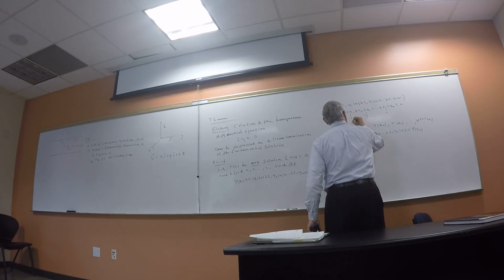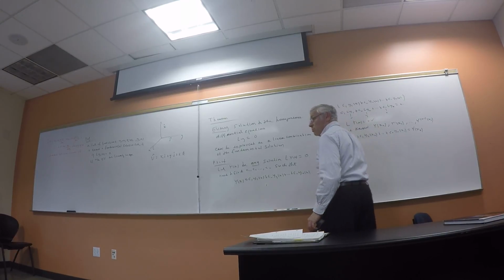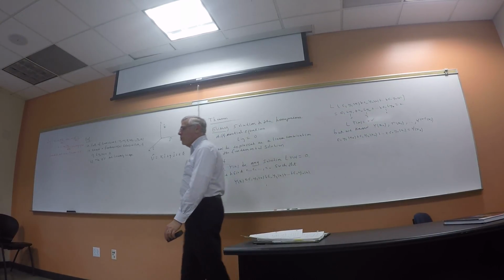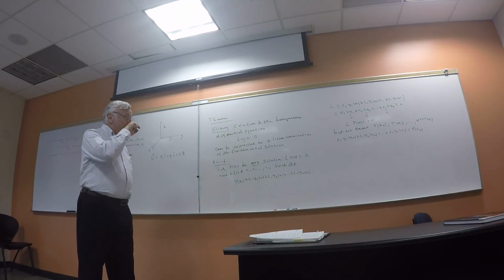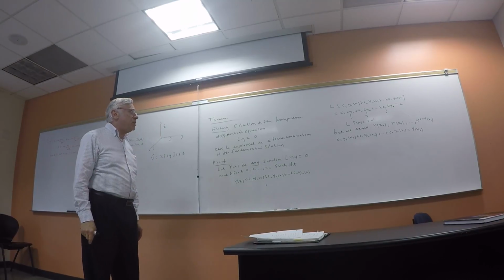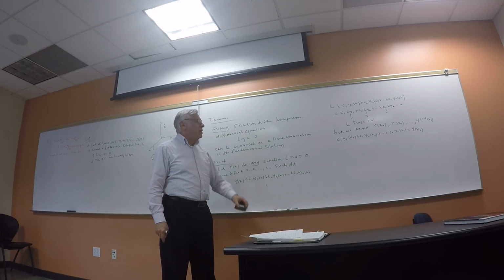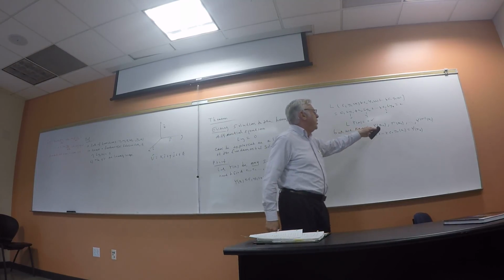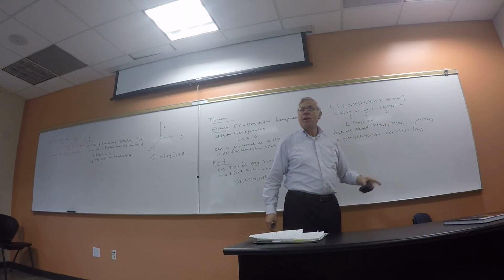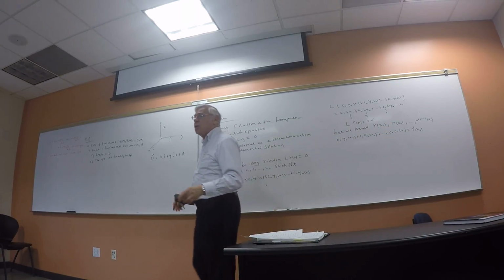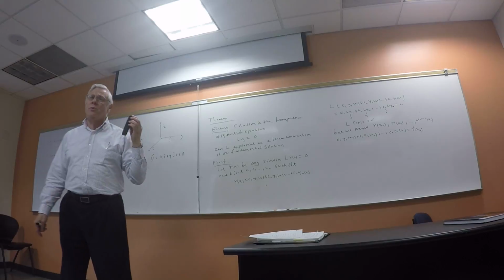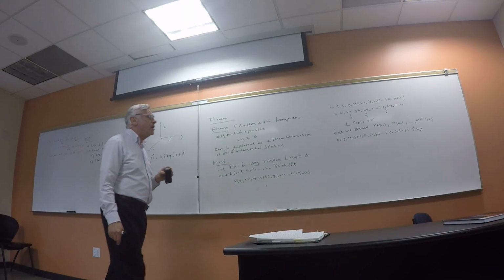So L on big Y of x does come out to be 0, as it must. But you see that works for any value of C's. I can take arbitrary values of C's, having nothing to do with the value of big Y at x naught or its first derivative, and it'll still satisfy the homogeneous equation. I have to show that I can reproduce the big Y of x exactly.